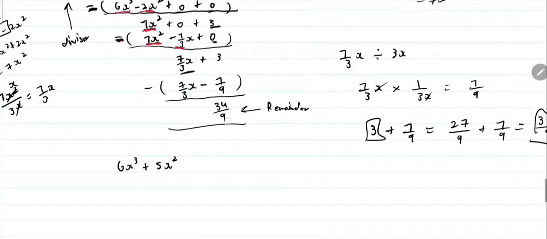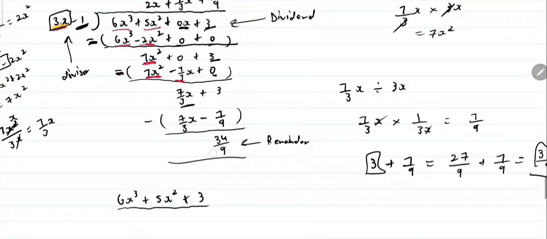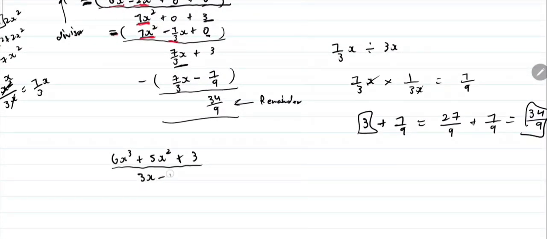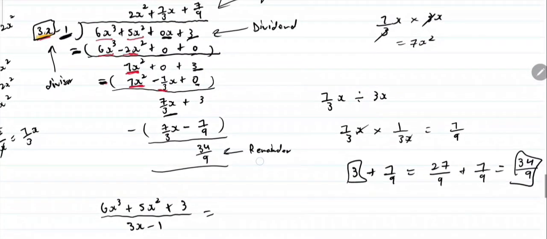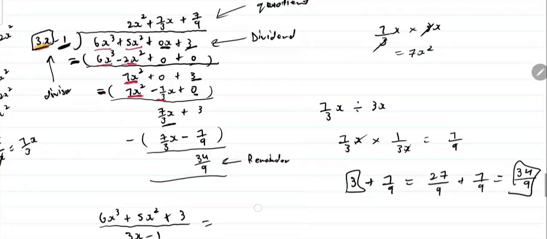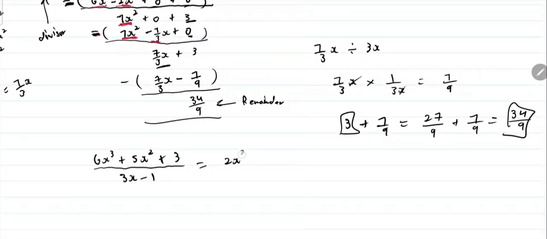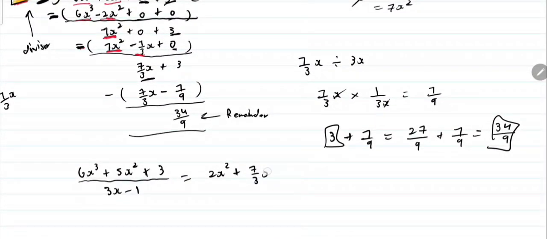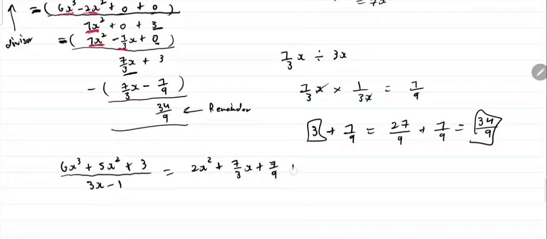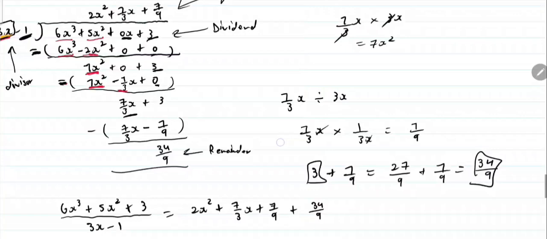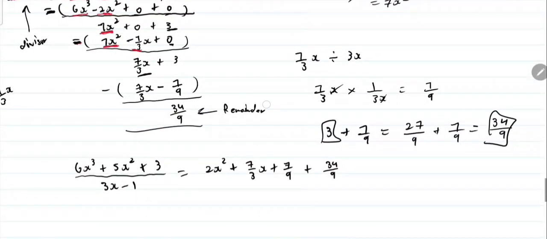I'm going to leave it at 0x plus 3 over the divisor, which is 3x minus 1. That's equal to the quotient, which is 2x squared plus 7 upon 3x plus 7 upon 9, plus the remainder, which is 34 upon 9 over the divisor, right? Over the divisor, which is 3x minus 1.